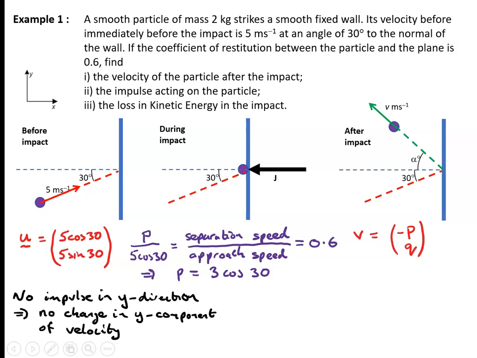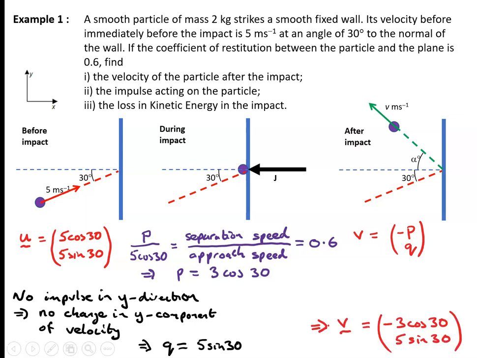We also know that there is no impulse in the y direction, which means that there is no change in the y component of the velocity. So I can certainly say that q is equal to 5 sin 30.